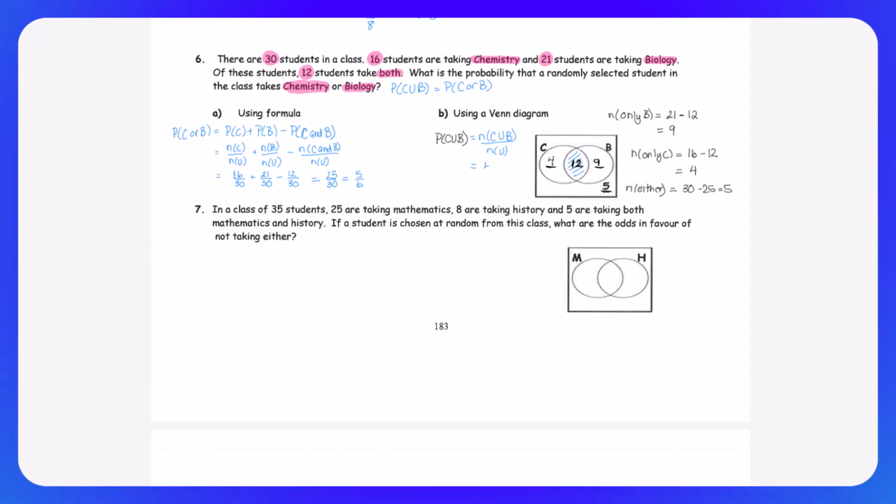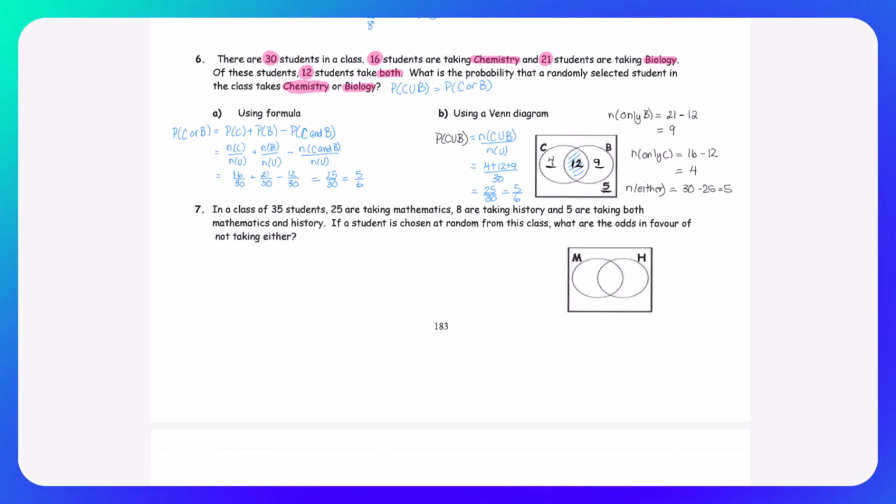Well, that is 4 plus 12 plus 9 all over 30, which in that case, 4 plus 12 plus 9 is still 25 over 30, which is still 5/6.